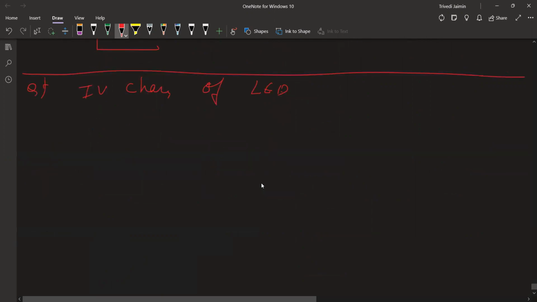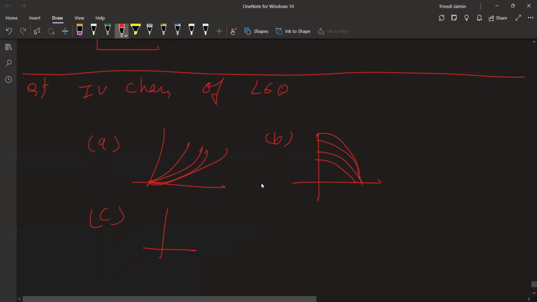So there are 4 options here: 1, 2, 3, 4, A, B, C, D, and these are R, Y, G, B. Same here, R, G, Y, R, Y, G, B.